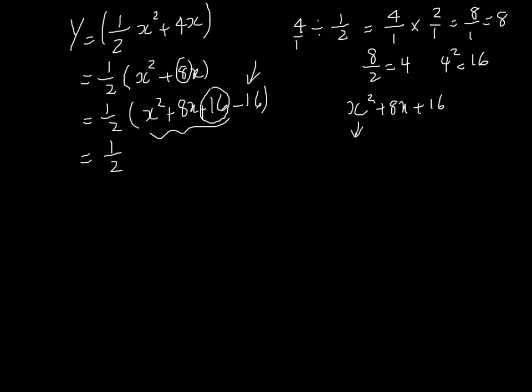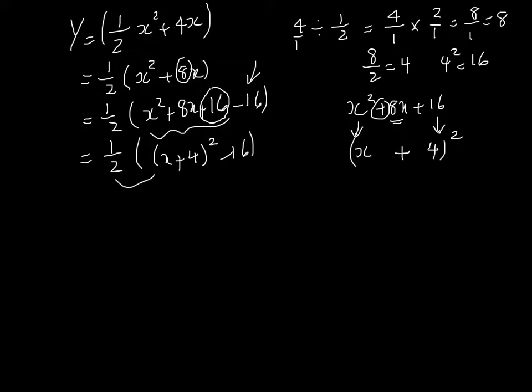Take the square root of x squared, which is x. The square root of 16 is 4. Now 2 times 4 is 8 times x is 8x, which is this term. And there is an addition here, so you add here and then square it. So I'm going to make this one x plus 4 squared, and there is a negative 16.